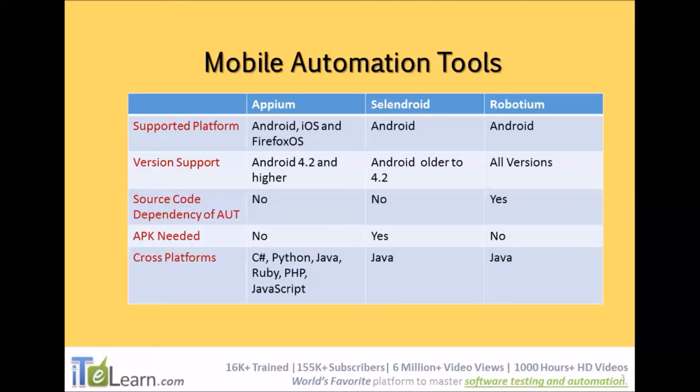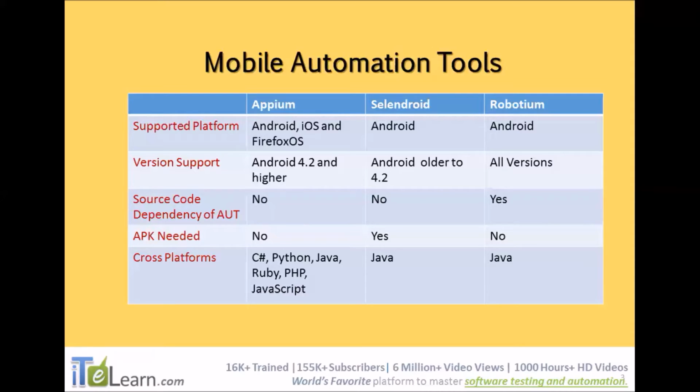Next is cross platform support. Appium being a client server architecture, its clients are the client libraries with which you can write the test automation scripts, and these scripts are independent of the different programming languages which you are comfortable with.